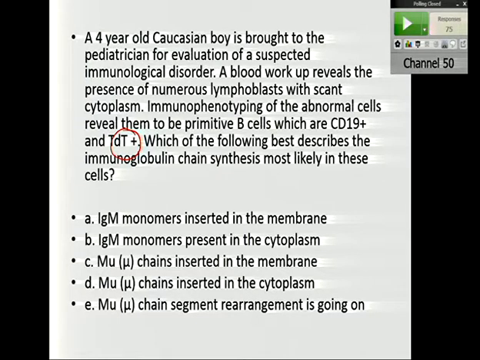But if TdT is positive, that means rearrangement is still going on, so you can't have something on the surface or in the cytoplasm. So look out for the TdT. If that is positive, it indicates that the rearrangement is going on, okay? Fine. So this is the right one.